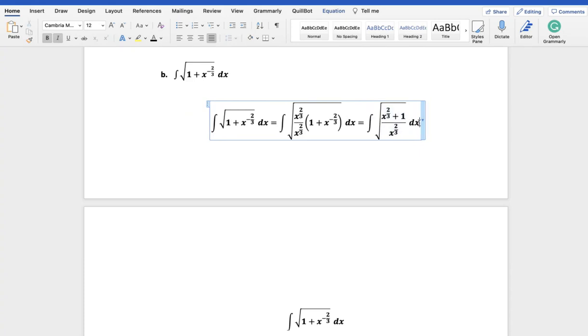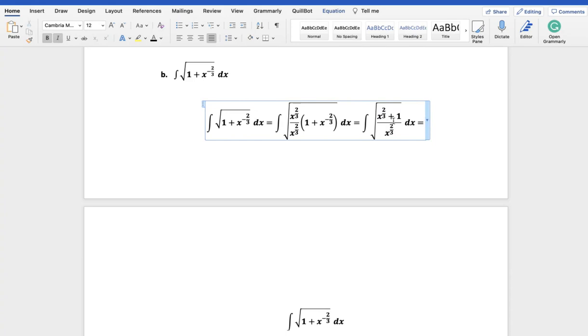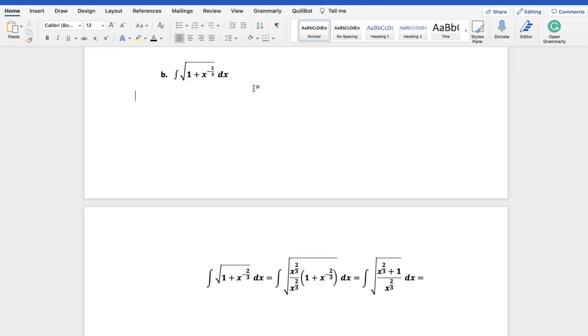So how did you get 1 when you multiplied x raised by 2 over 3 with x raised by negative 2 over 3? Let me write it out here.